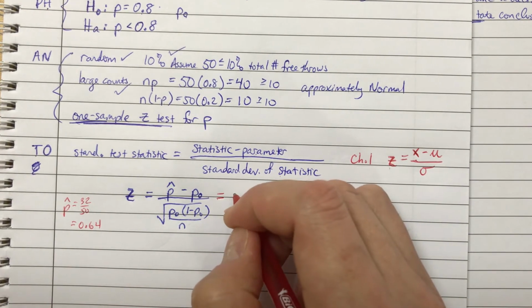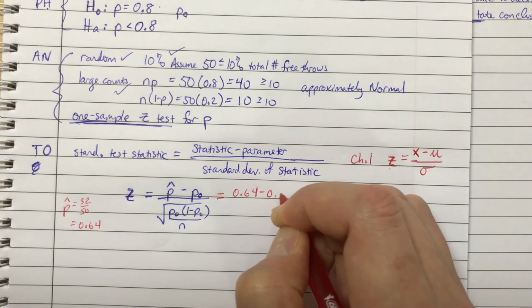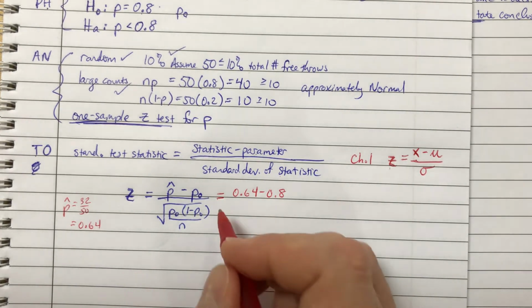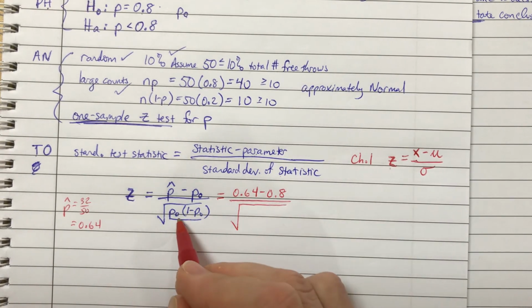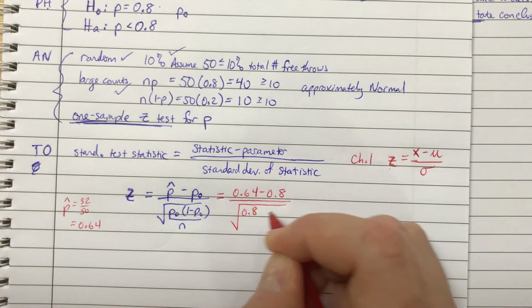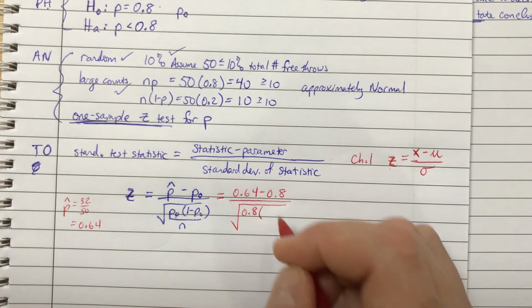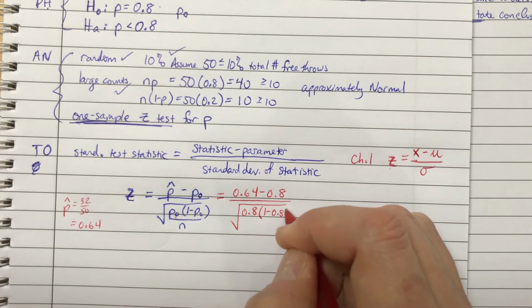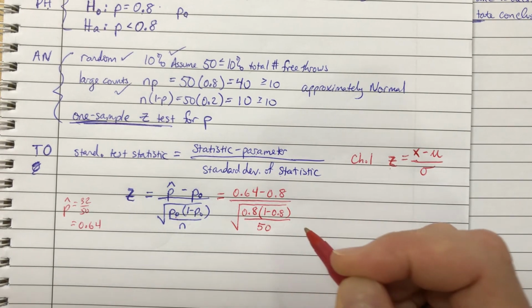Z equals 0.64 minus the true proportion, according to Mr. Cavell, 0.8, divided by the square root of, nope, sorry, 0.8, not the sample proportion, the claim proportion in the null, times 1 minus 0.8, or you could say 0.2, divided by 50.